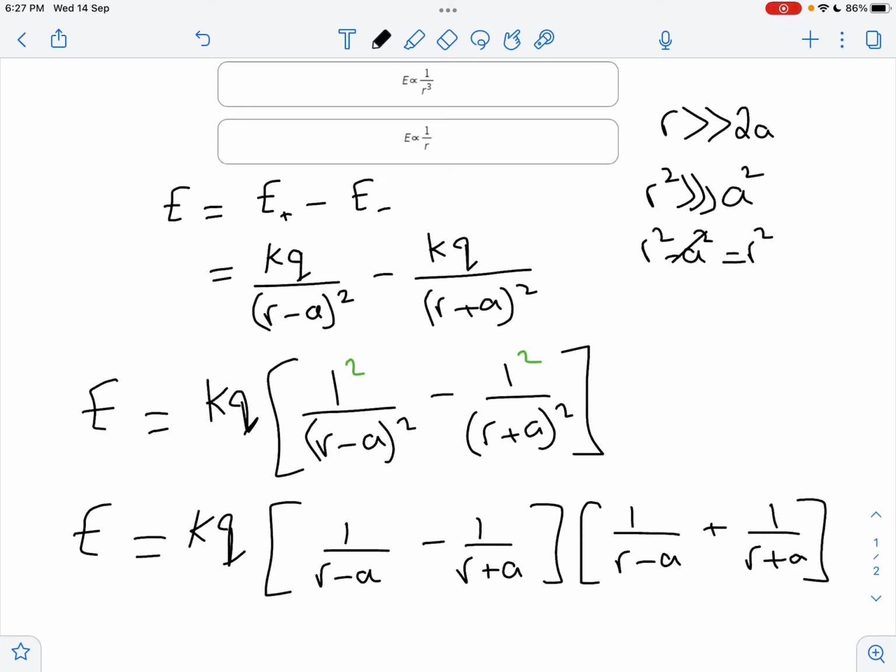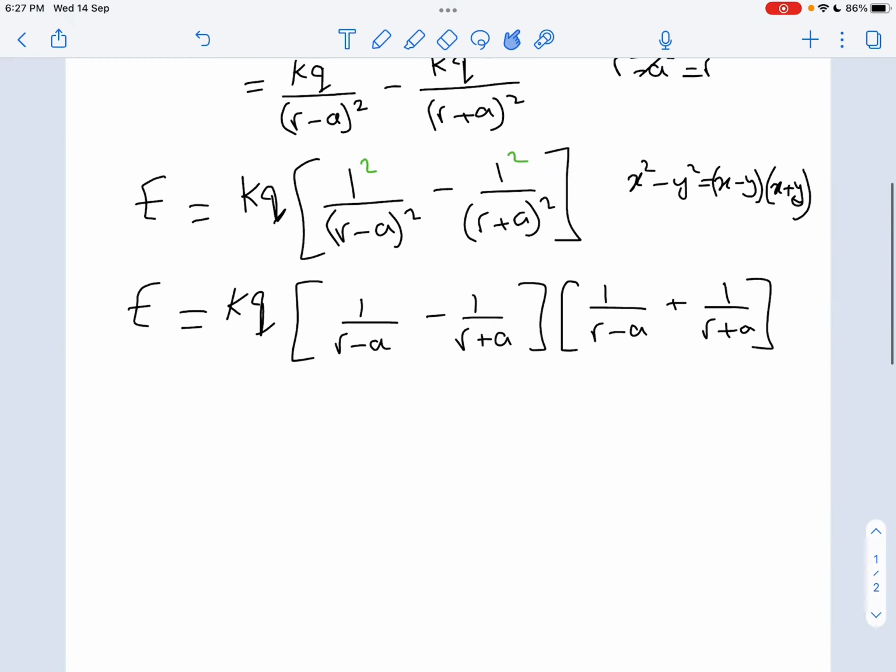Okay? So again, let's change the letter. Let's say, for example, x squared minus y squared will give you x minus y into x plus y. So that's what I did here. This is capital X, it is x squared, and this is capital Y, y squared. All right.